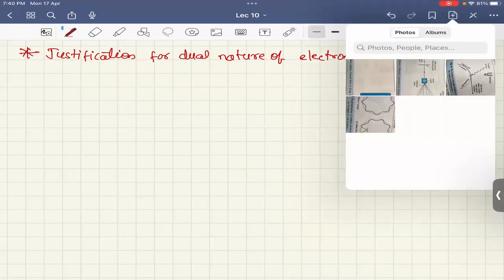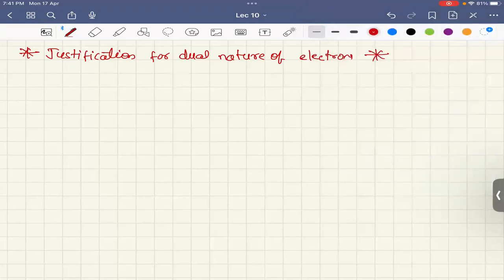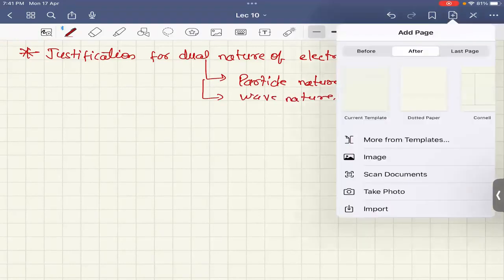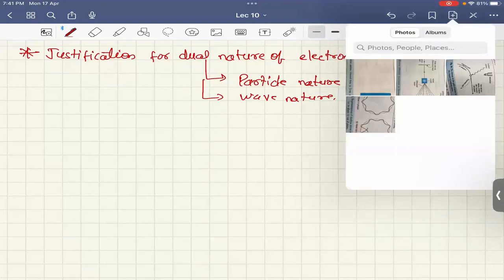So before that, the particle and wave nature of electron can be justified on the basis of the following observation, right? Dual nature means we should have an experiment which correctly justifies that the electron is a particle, and at the same time another experiment which justifies that it has wave nature, right? So that is what we are going to study. So, particle nature of electrons.